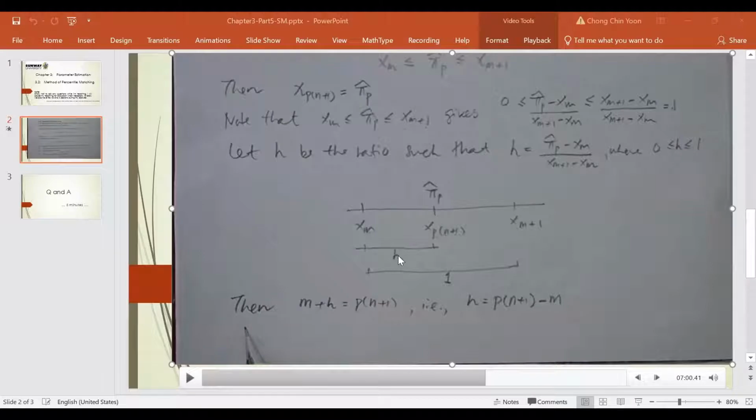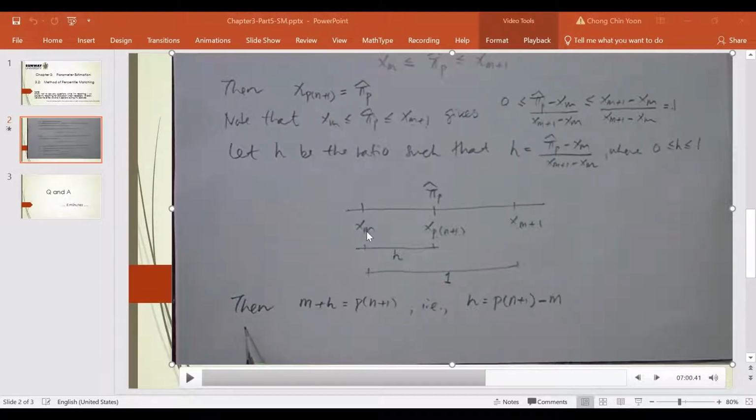So once you know the length of this ratio is h and 1 here, then you can see m plus 1 is m plus 1 here, right? This m plus 1, I will have m plus 1. So that means m plus h will be xh. That means my h is equal to this p times m plus 1.